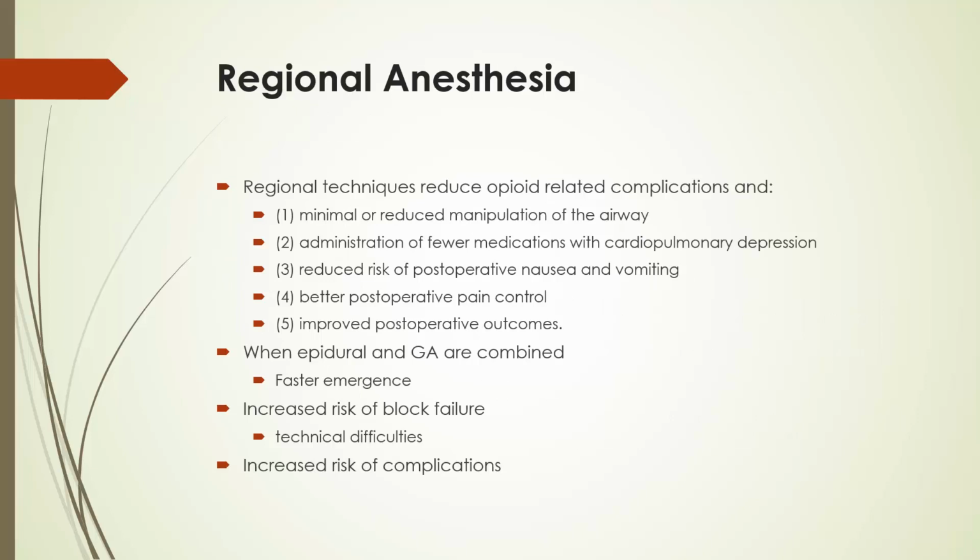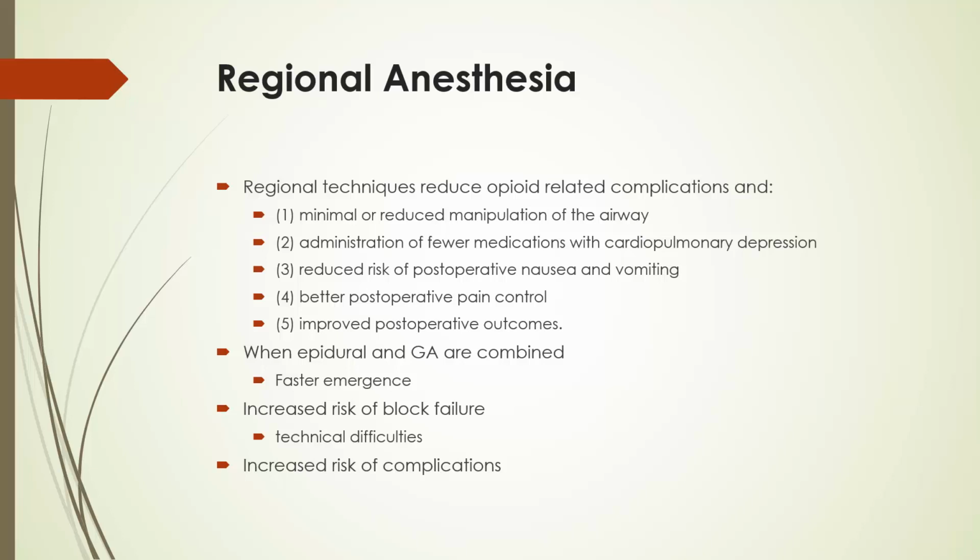Neuraxial techniques, the spinal, epidural, or CSE, and peripheral nerve blocks, used alone or in combination with general anesthesia, are becoming more and more the anesthetic technique of choice in the obese patient. Several studies have shown the efficacy of regional technique in reducing opioid-related complications, and there are several distinct advantages.